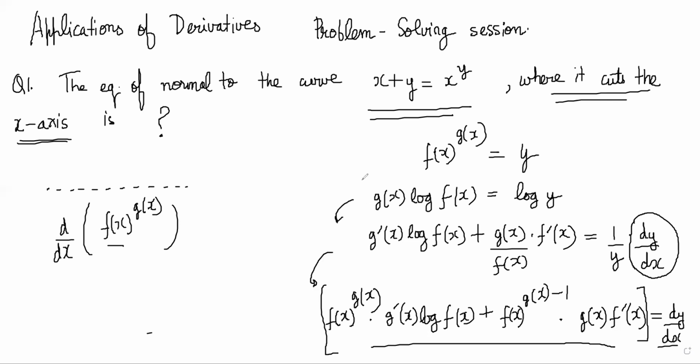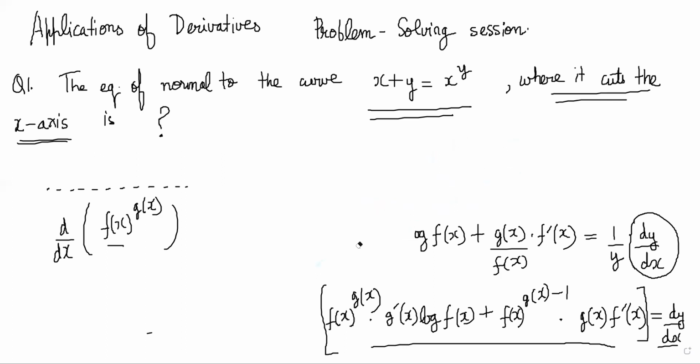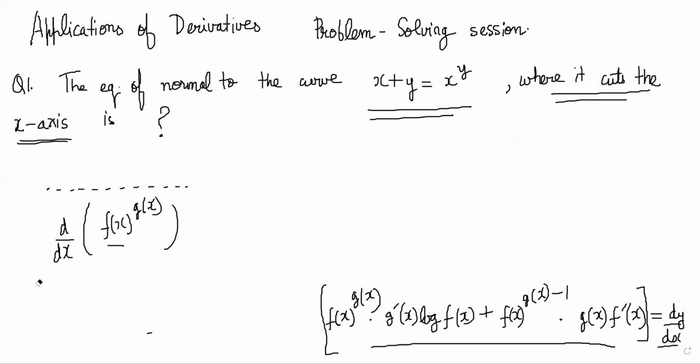So we will learn a trick to solve it in one line, like write the answer in one line. Think of the final answer that came here. The derivative of f(x) power g(x) will be done in two steps.